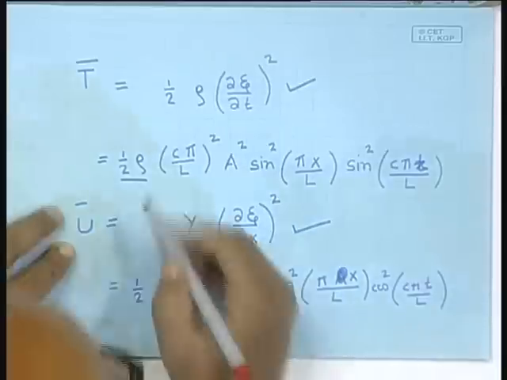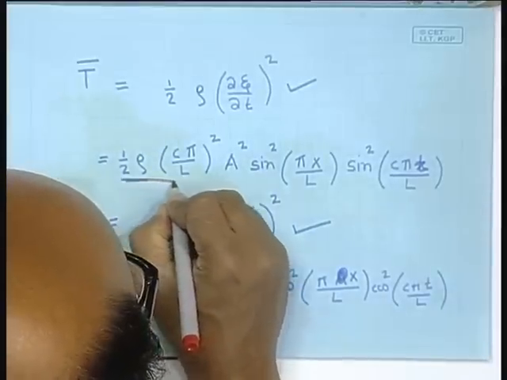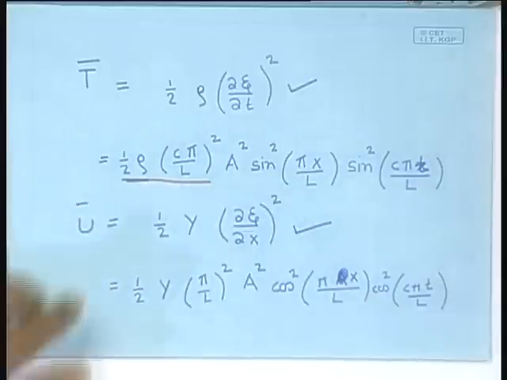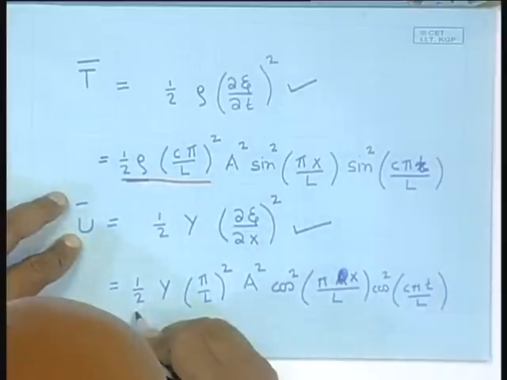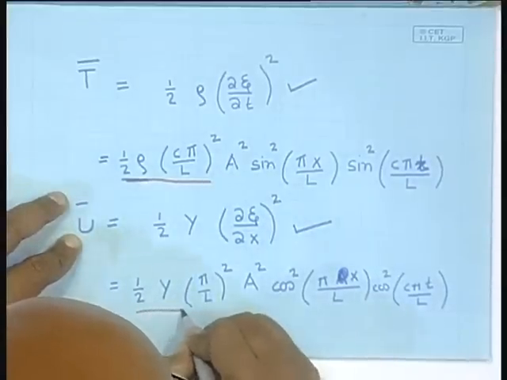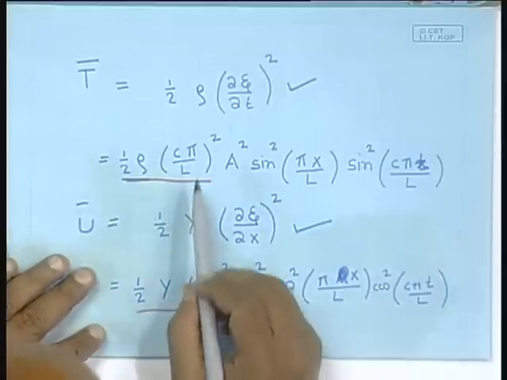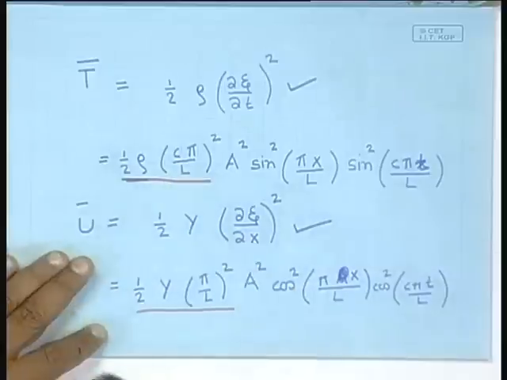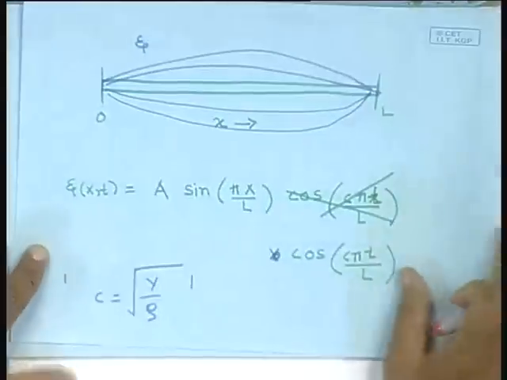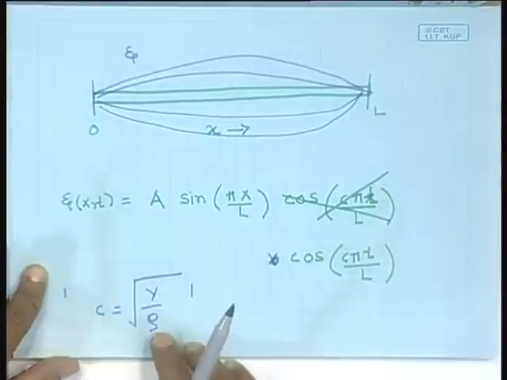The constant factors which appear in front of the kinetic energy per unit volume, and the constant factors which appear in front of the potential energy per unit volume for this standing wave are exactly the same. You will realize that they are exactly the same if you substitute c with the square root of the Young's modulus divided by the density.